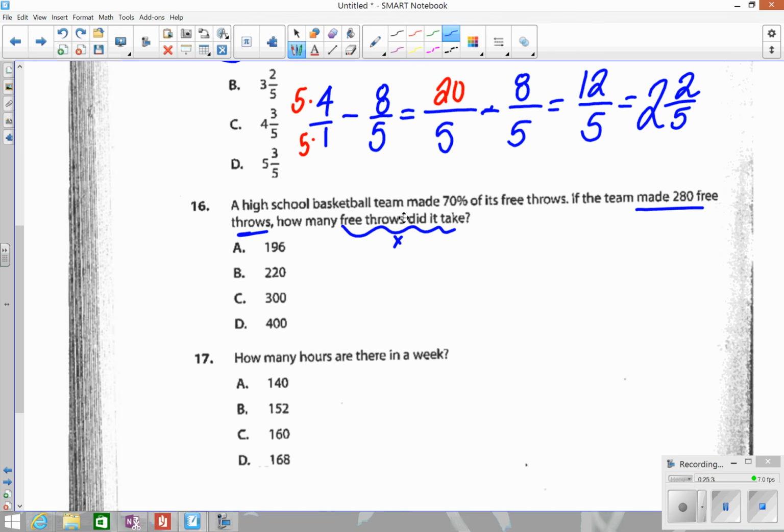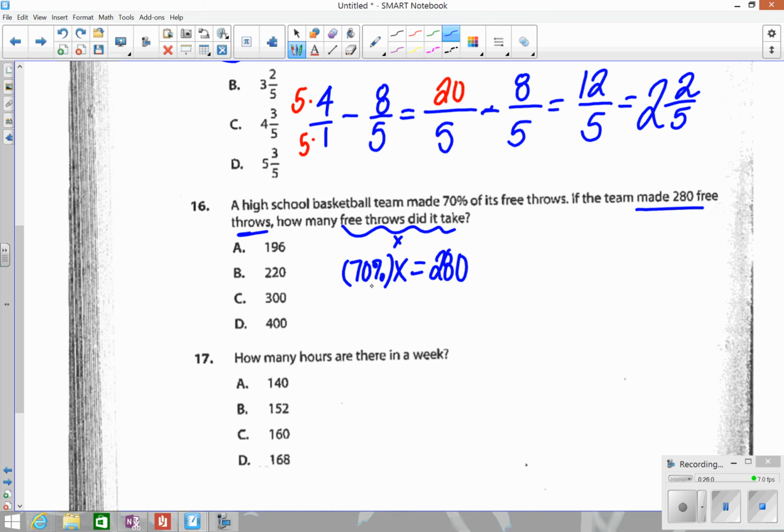So the question is, how many free throws did they actually take? So that's going to be my x, or my unknown, and we're saying that 70% of x, so times x, is equal to the total number of throws that they actually made. So it is equal to 280.